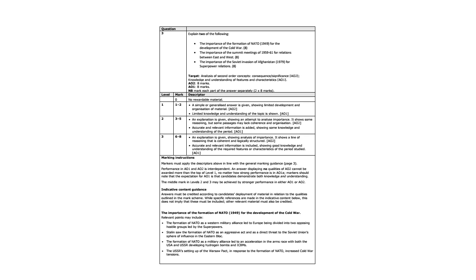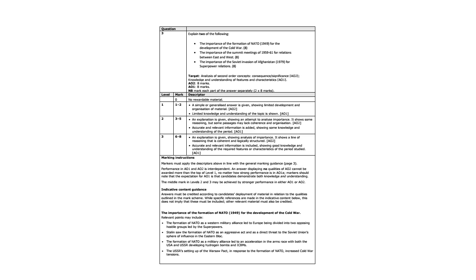So the same thing again, you have to choose either the importance of the formation of NATO in 1949 for the development of the Cold War, the importance of the summit meetings, 59 to 61, for relations between East and West. So East, you should know that as well, Russia, West, America, okay, or the importance of the Soviet invasion of Afghanistan for superpower relations, okay.